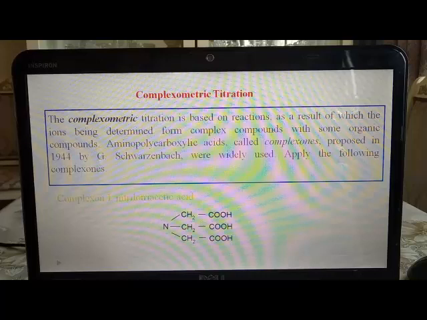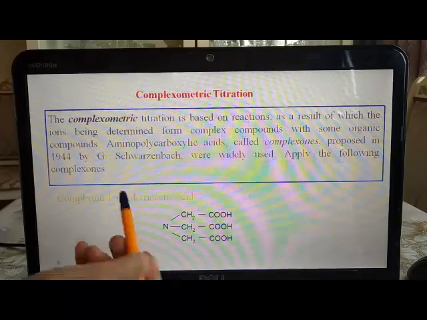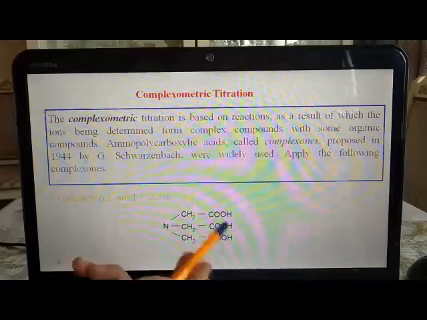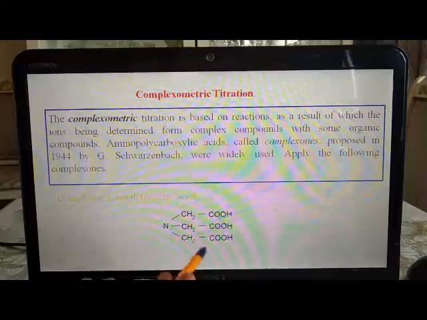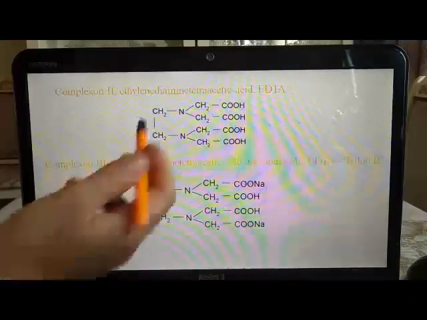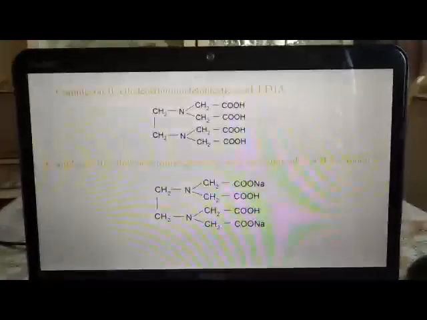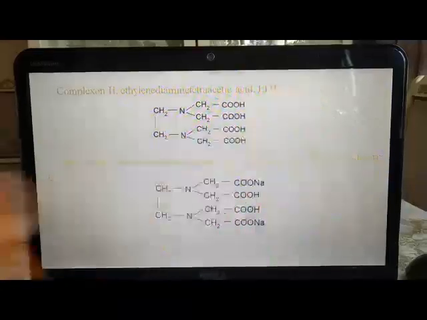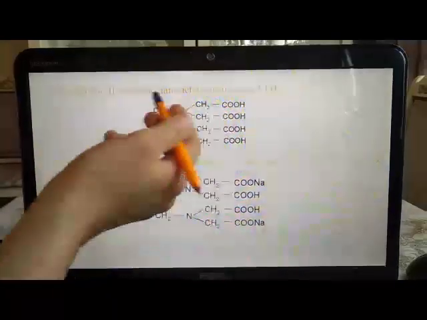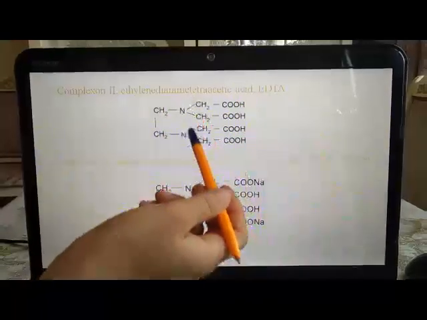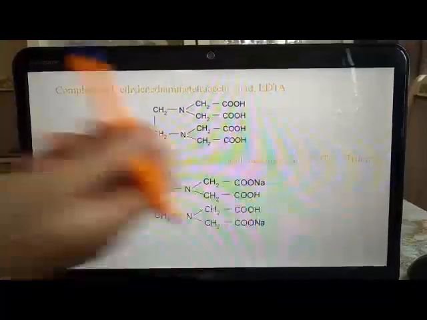For example, in complexometric titration, the following complexons are used as titrant solutions. Complexon 1: nitrilotriacetic acid. Complexon 2: ethylenediaminetetraacetic acid.